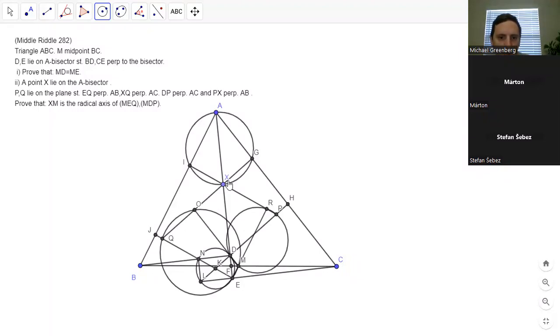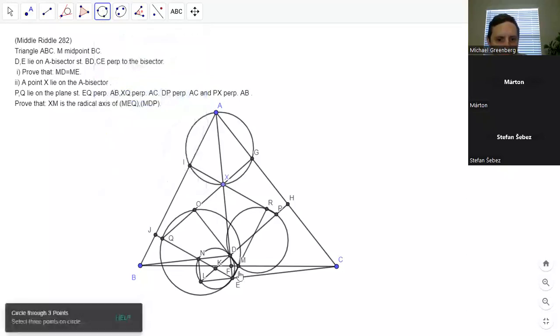Maybe if we could show that these two quadrilaterals are homothetic.